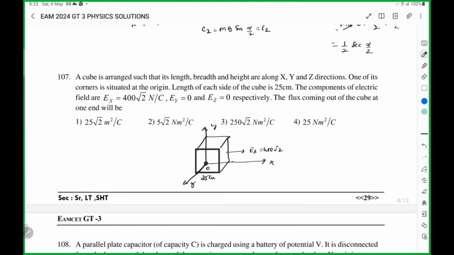Then for the flux coming out, the electric field direction and the area vector are in the same direction, so flux will be E dot A, once they are parallel.